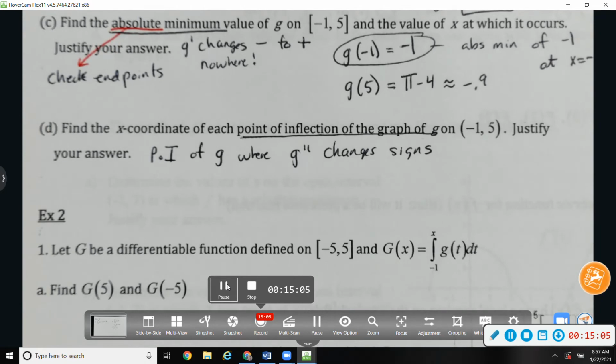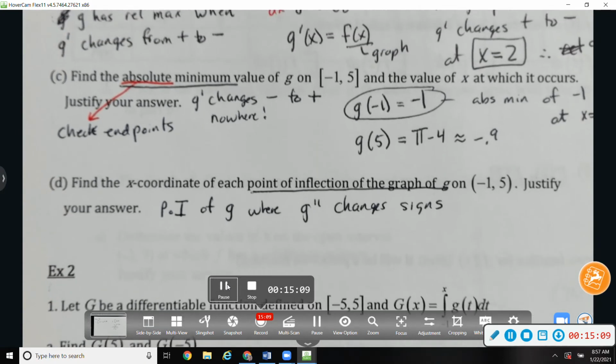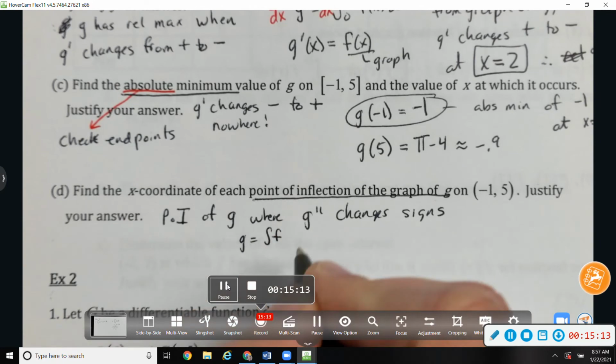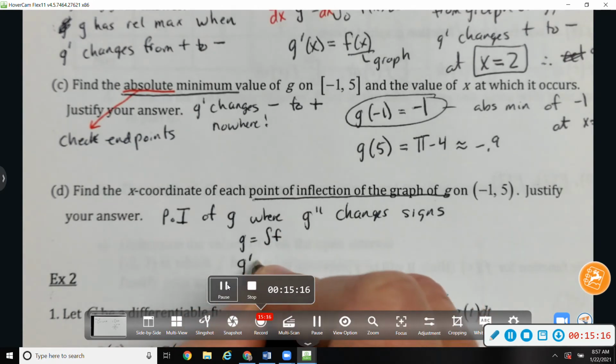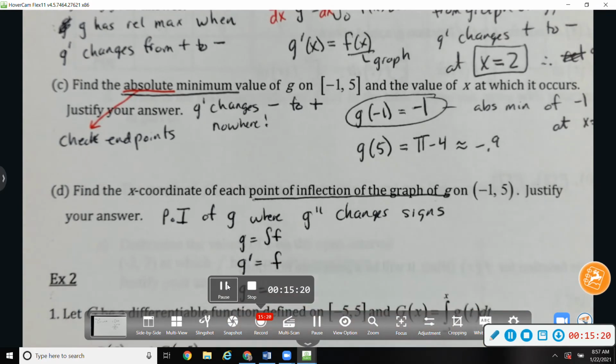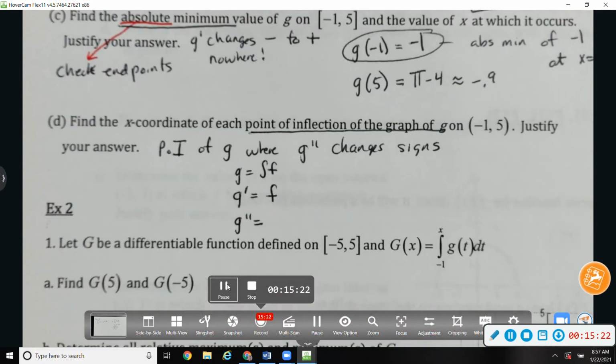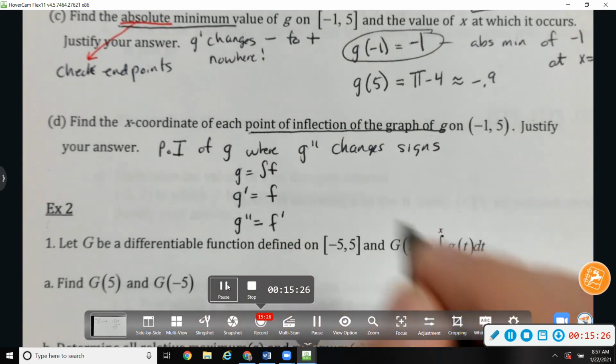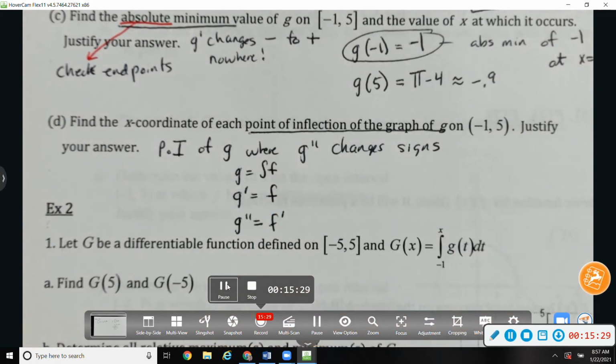Do I know anything about g double prime? Let's see. g was the integral of f, which meant g prime was f. So what's g double prime? f prime. We're just kind of taking the derivative of each side as we go down.